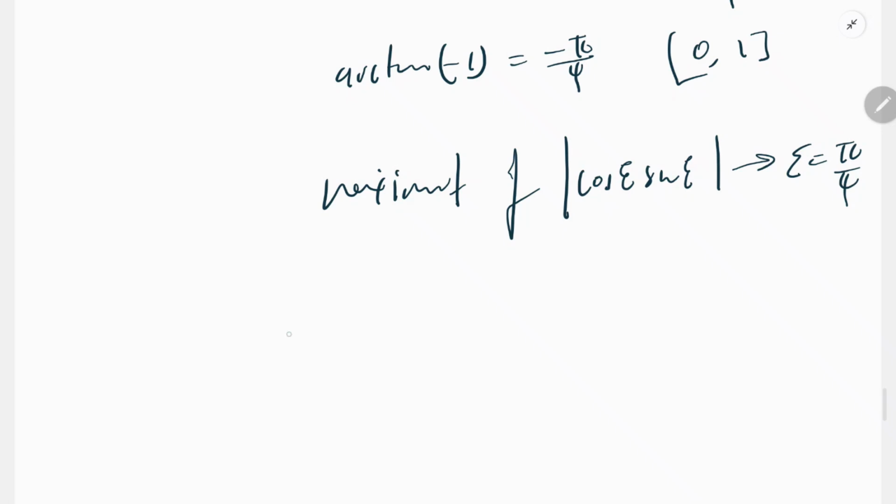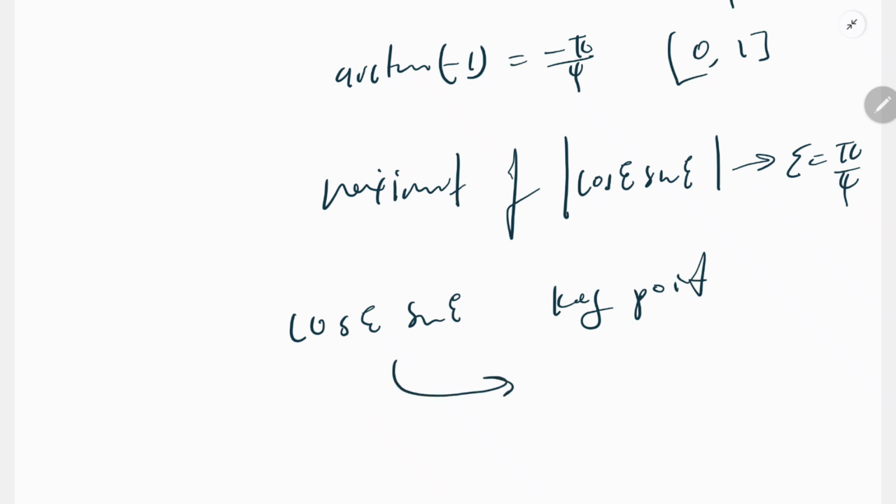Our next step will be evaluating cos psi sin psi at the critical points. Let me call them key points. At 0 we're going to get 0.